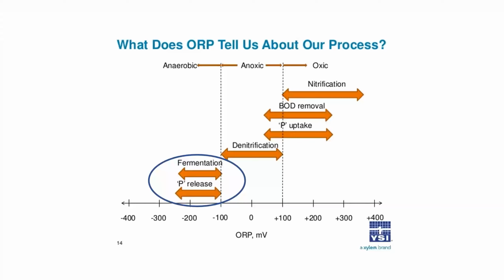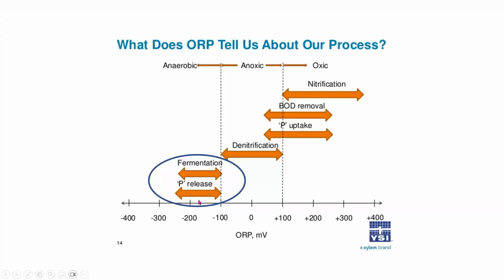So we want septic enough conditions to create the volatile fatty acids. And then we want the organisms in the mixed liquor to meet up with the volatile fatty acids, and block out the nitrate removing organisms.